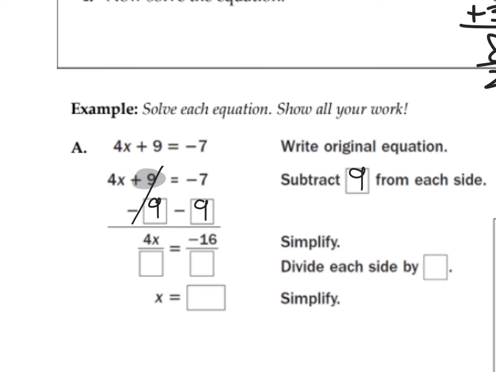So then we just have a 4x on the left. Negative 7 minus 9, we get negative 16. And now we have 4x equals negative 16. We want to get rid of that multiplication, so we're dividing each side by 4. And when we do that, we just get an x, and negative 16 divided by 4 is negative 4.